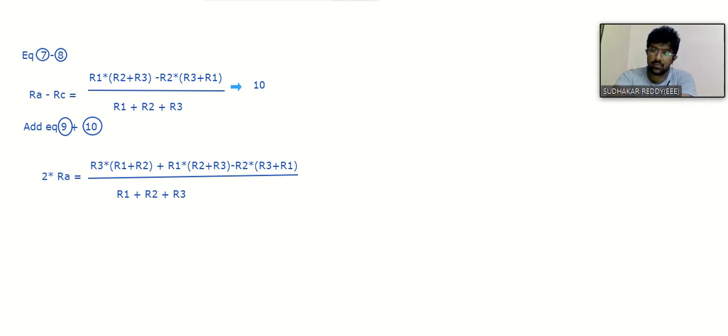Now simplify this one. This equals, I will write the simplification because it is very, very important. I am expanding: R3R1 plus R3R2 plus R1R2 plus R1R3 minus R2R3 minus R1R2.